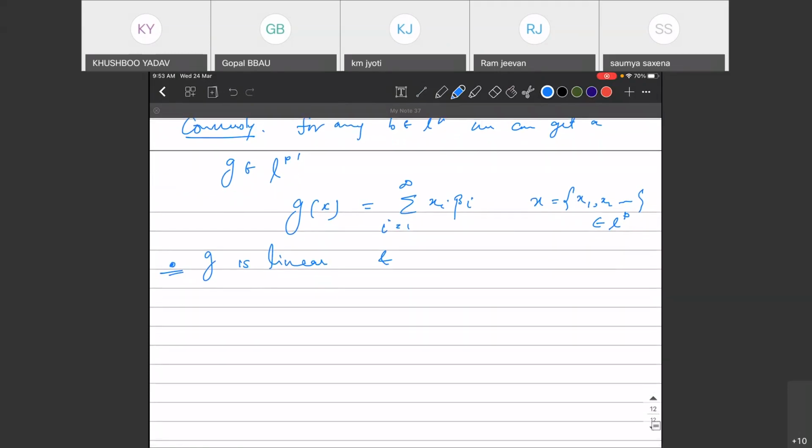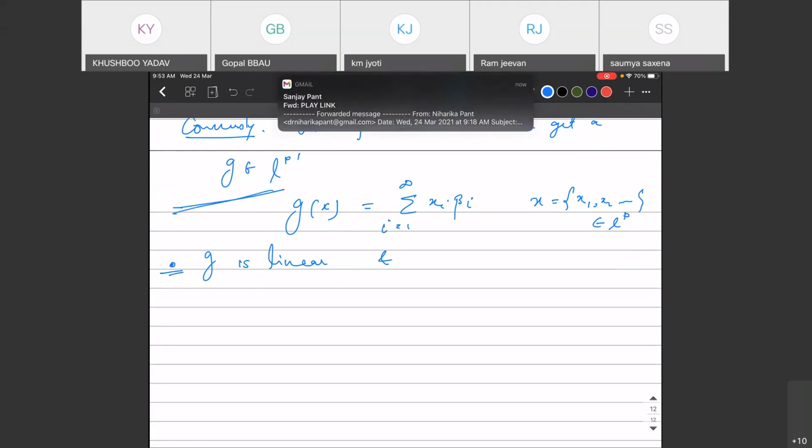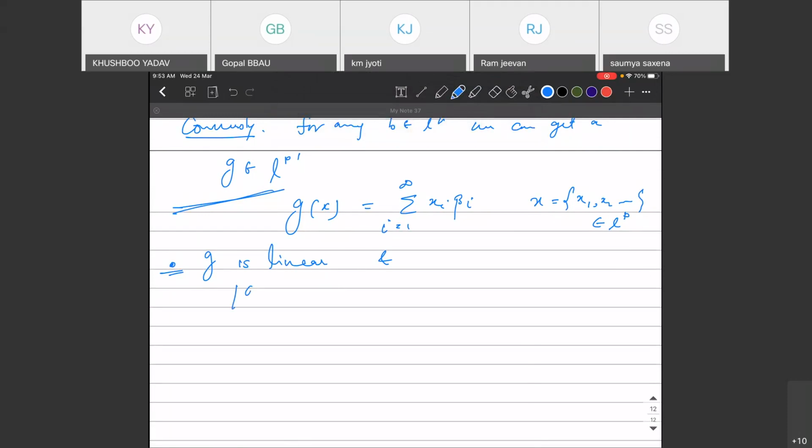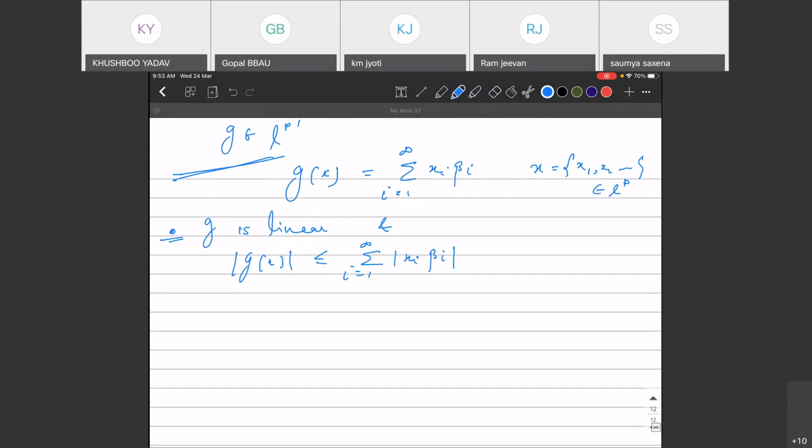And you have to show that G is bounded. So for that consider mod of Gx, and by linearity you get this is less than or equal to the sum from 1 to infinity of mod xi beta i. Now use Holder's inequality. What does Holder's inequality say? It says this reduces to the sum of mod xi to the p, to the power 1 by p, times the sum of mod beta i to the q, to the power 1 by q.